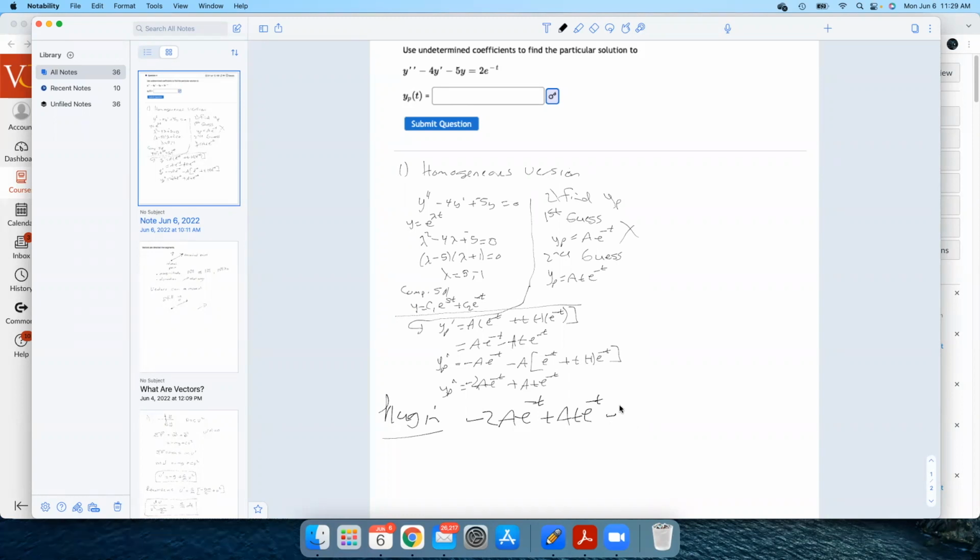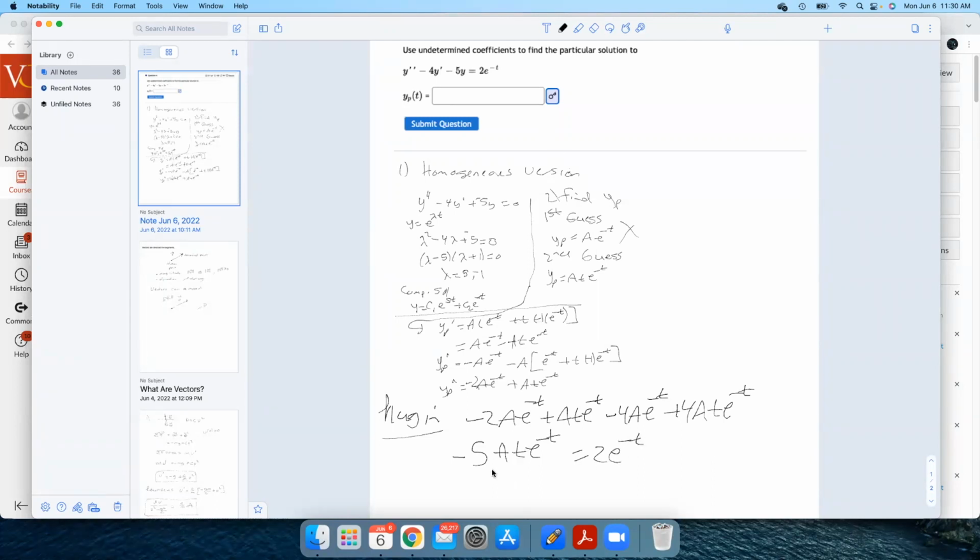So I'm going to have a -4 a e to the -t plus 4 a t e to the -t minus 5 times the original. That's that guy. And that's supposed to equal 2e to the -t.